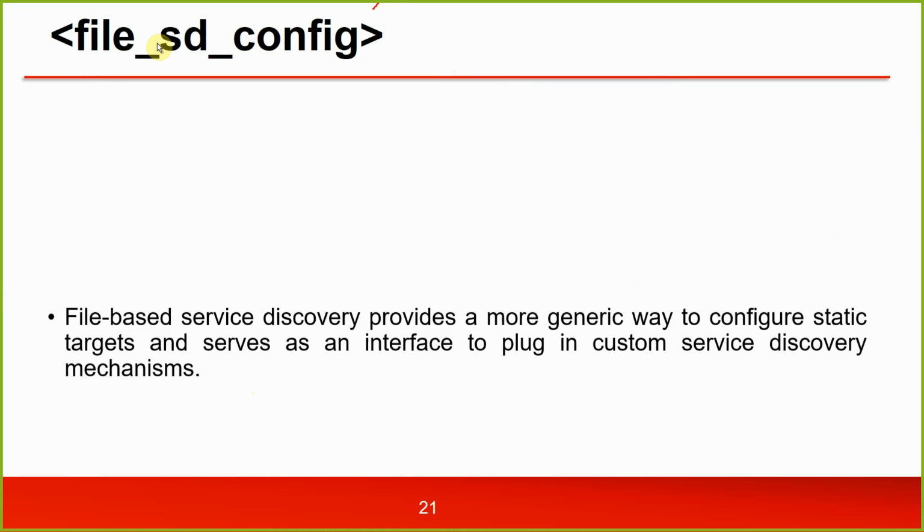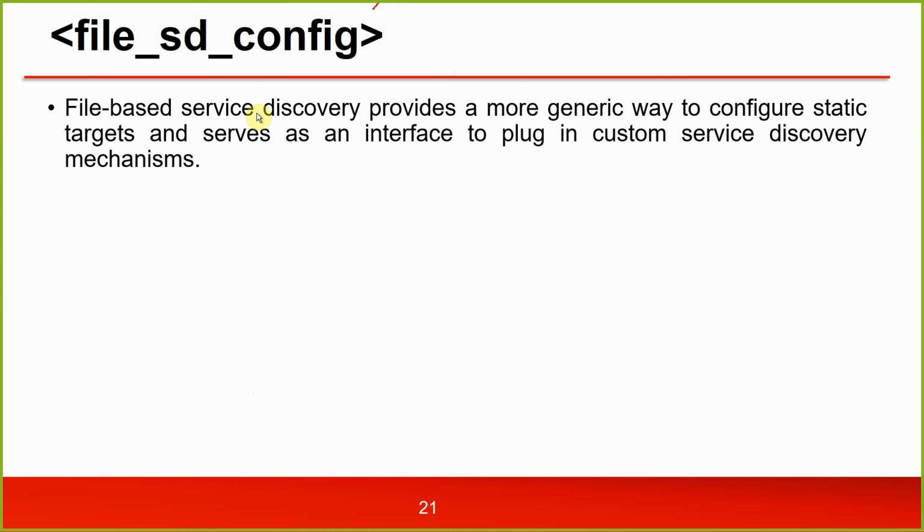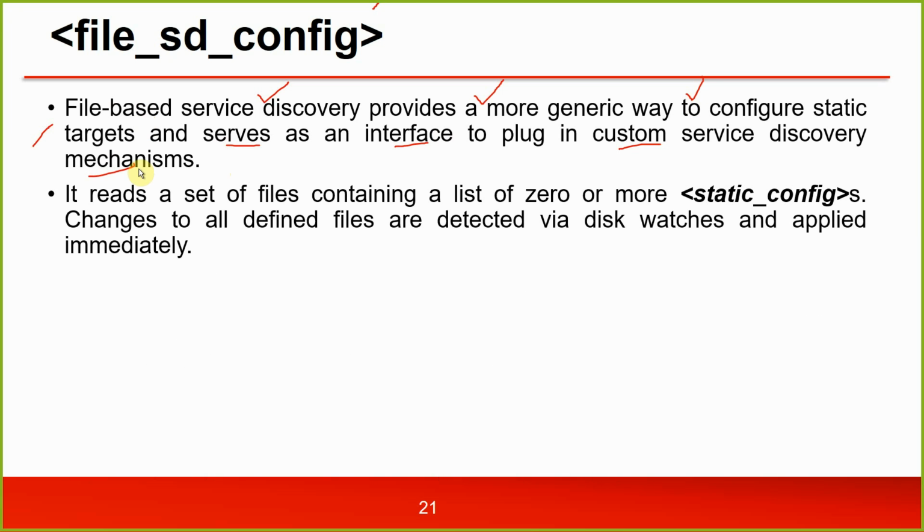Similarly, this is file-based service discovery config. The SD stands for service discovery. It provides a more generic way to configure static targets and serves as an interface to plug in custom service discovery mechanisms. It reads a set of files containing a list of zero or more static configurations.